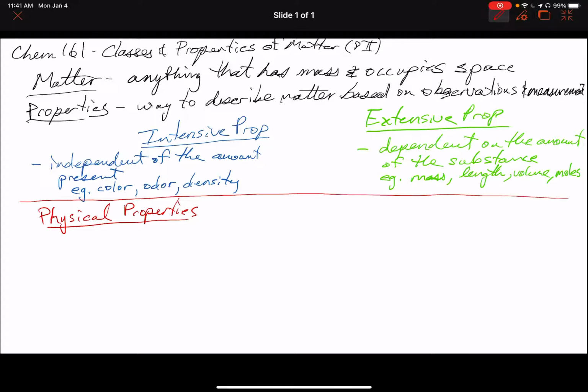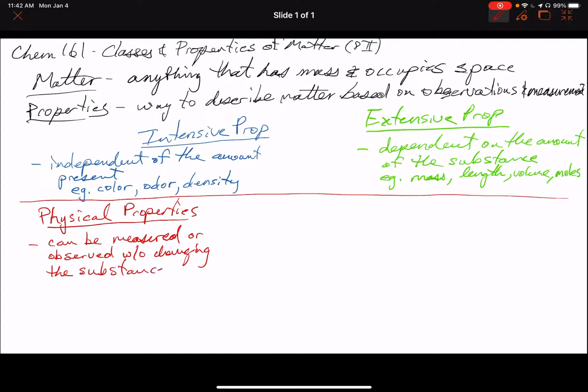Physical properties can be measured or observed without changing the substance.